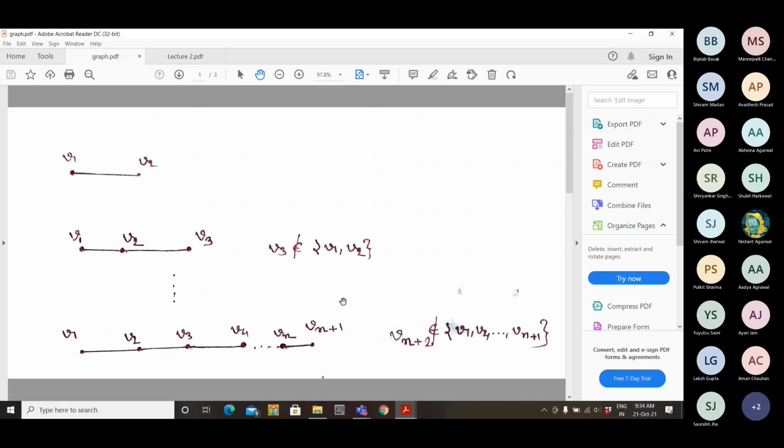Now, since the order of the graph is p, the length of this path can be at most p, and the end vertex should be Vp.